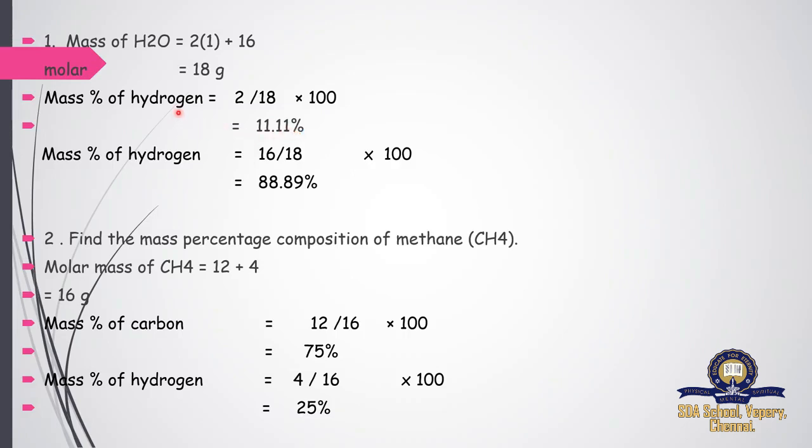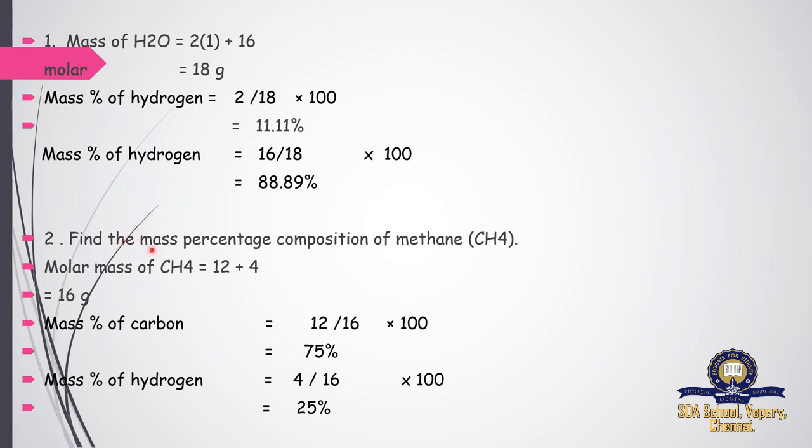Here the mass percentage of hydrogen is 11.11%. Next, we need to find out the mass percentage of oxygen. Oxygen's mass is 16, the total mass is 18. So 16 divided by 18 into 100 comes to 88.89 percentage. So this is the method to find out the mass percentage of the individual element present in the compound.